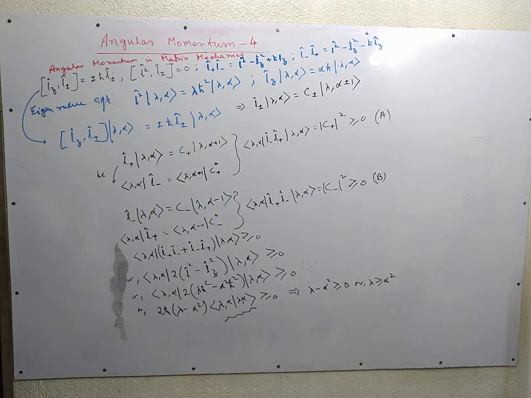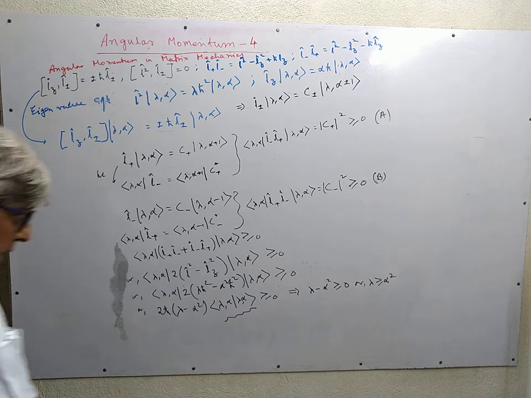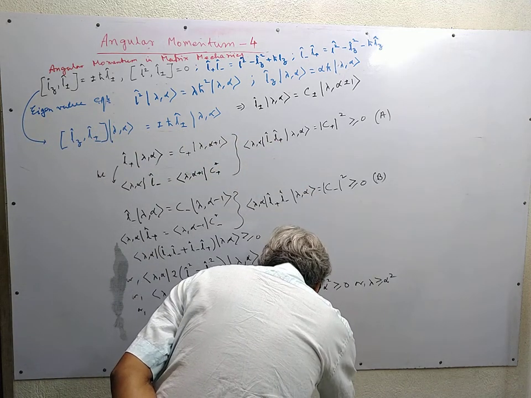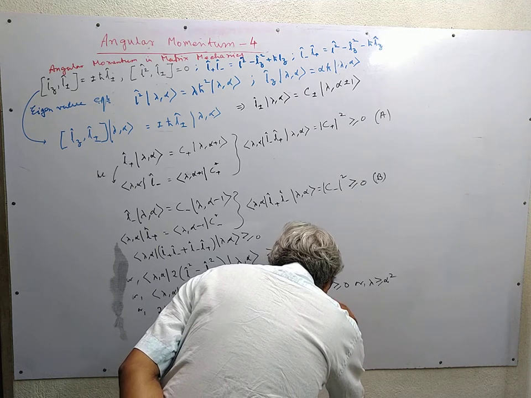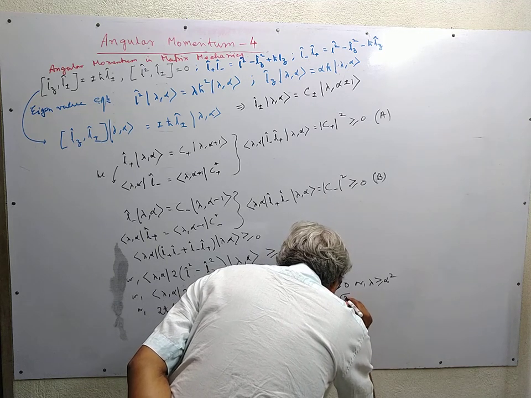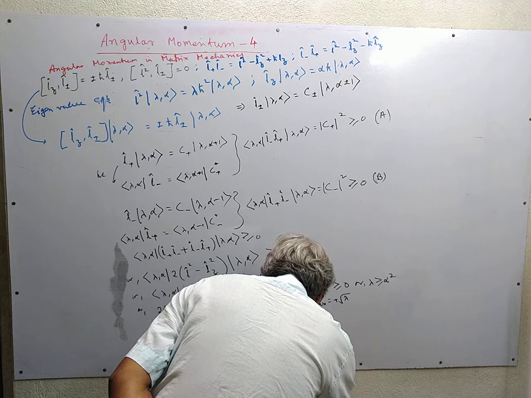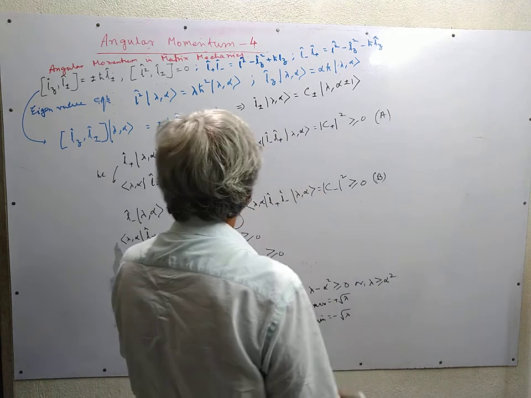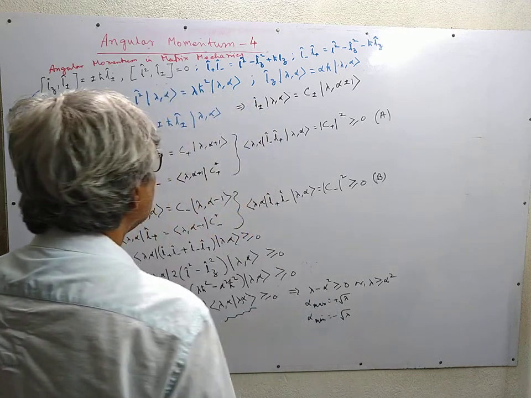That is to say that the minimum and maximum value of alpha is: alpha max is equal to plus root lambda, and alpha min is equal to minus root lambda. So this is the conclusion.